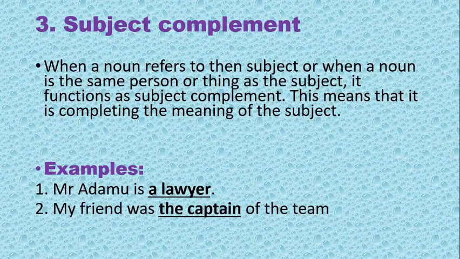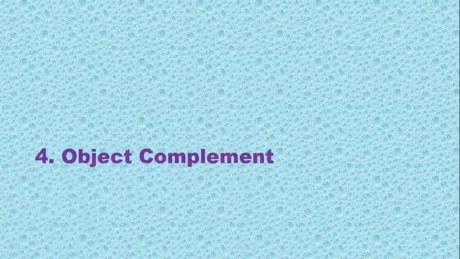My friend was the captain of the team. The captain is the noun and is completing the meaning of the subject, which is my friend. So my friend is the subject. The captain is coming after the verb, but is not functioning as object here, it is only completing the meaning of the subject, referring back to the subject of the sentence.